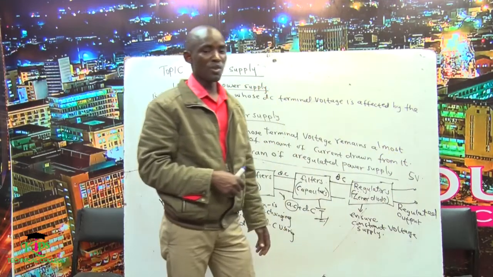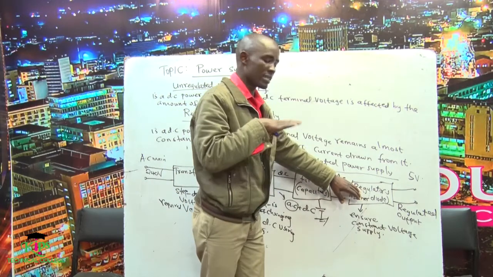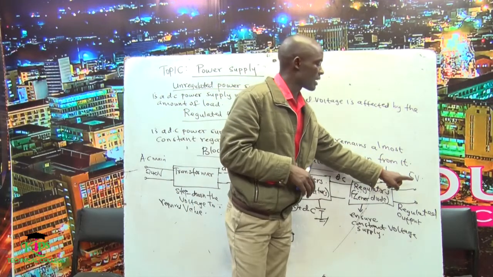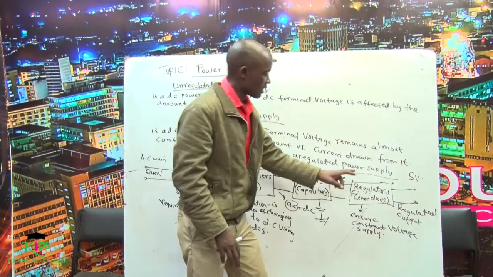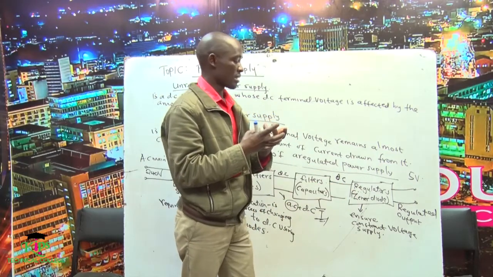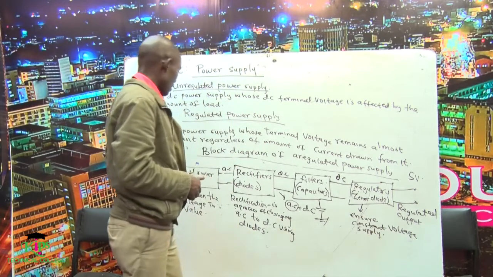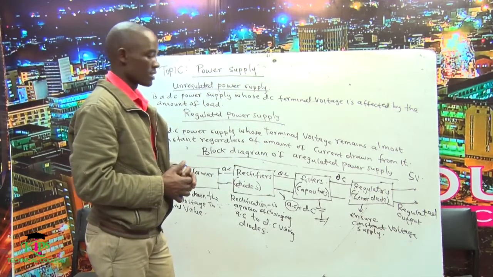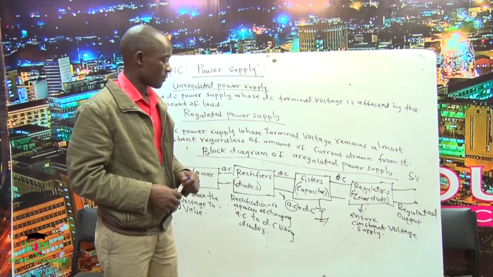If the voltage goes even up to 8, the regulator has a mechanism of bringing it down so that we strictly get 5 volts at the output. That is where we are saying the function of the regulator is to control the voltage that is supposed to go to the output point. So those are the common 4 stages of a regulated power supply that you may need.